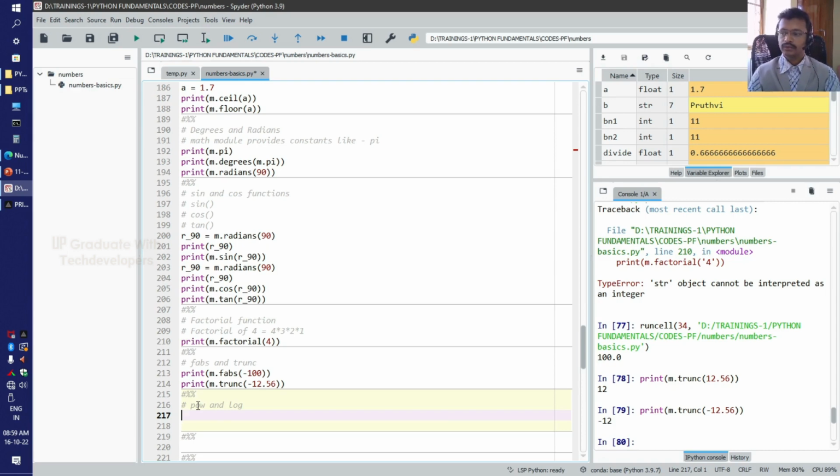Means the x value raised to the power of some other value, for example y. So it accepts two arguments, means two values. And the log method will find the natural log value of a number.